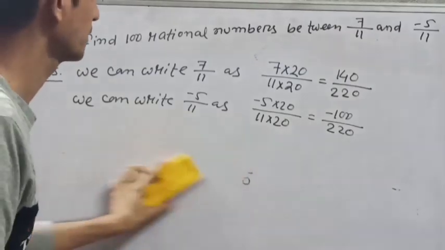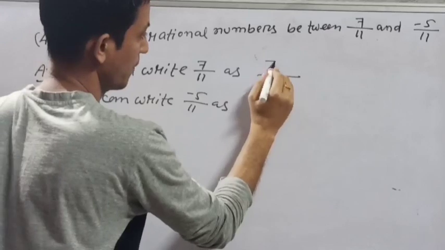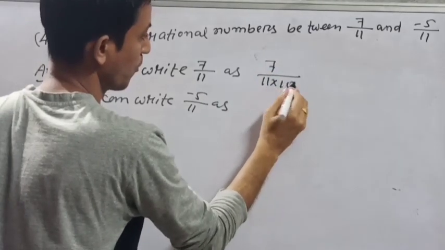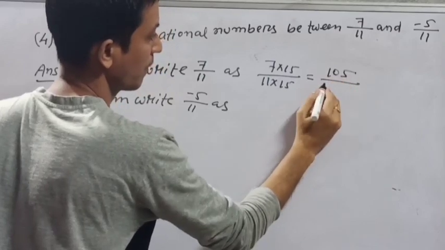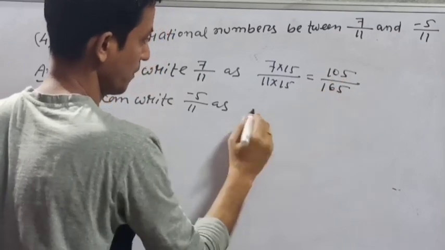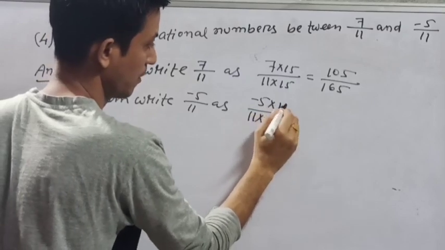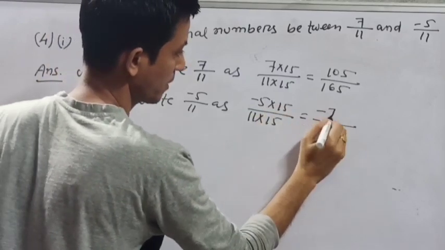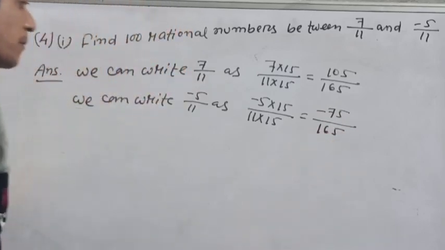Another way, check. Next, 7 by 11, multiply by 15, so 105 by 165. Here minus 5 by 11 is minus 75 by 165.